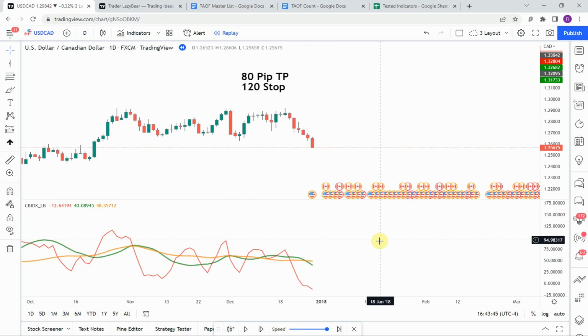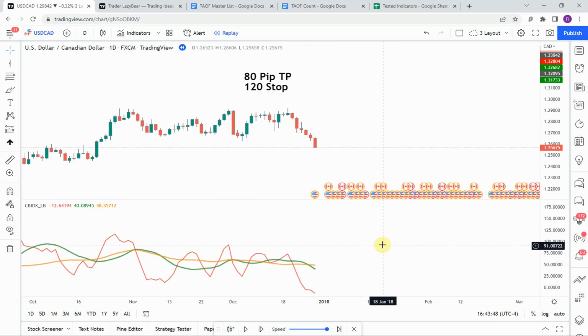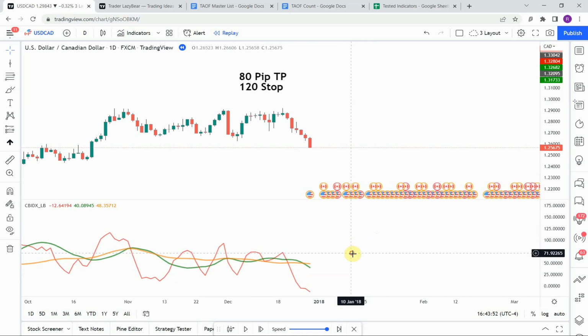And so what we're looking for is, first and foremost, the position of the green line and the orange line. When the green line is below the orange line, we are looking for short trades. When the green line is above the orange line, we are looking for long trades.